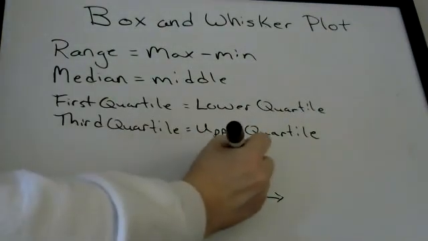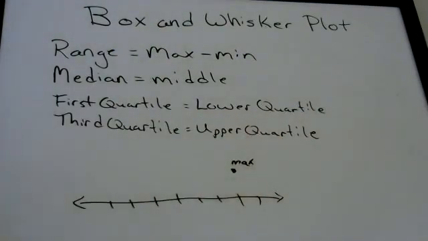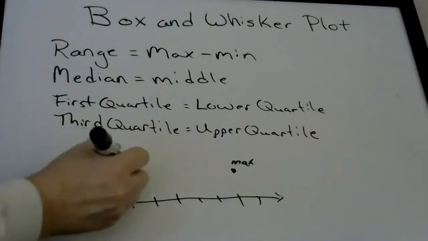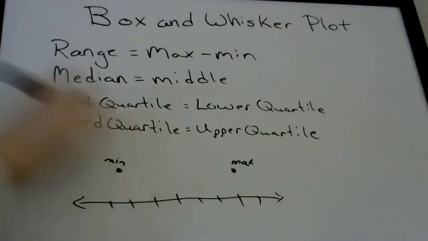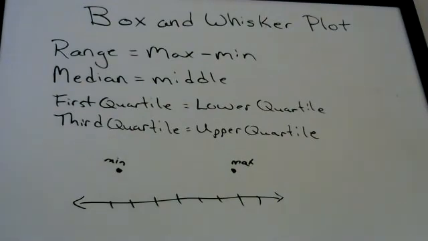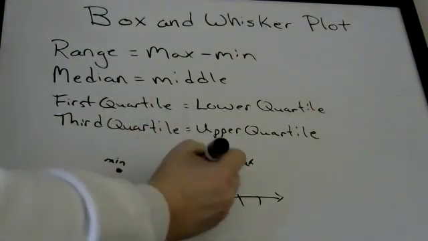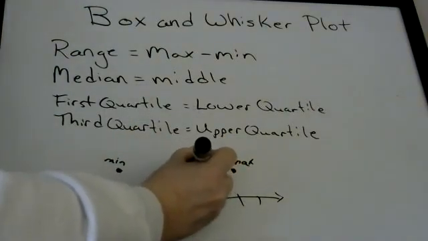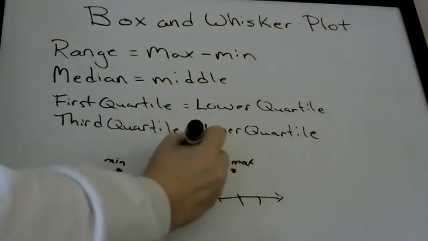This is going to be the maximum. And then whatever your minimum is, you'll draw a dot. That's the minimum. And then you find the median. And so let's say the median ends up being here.